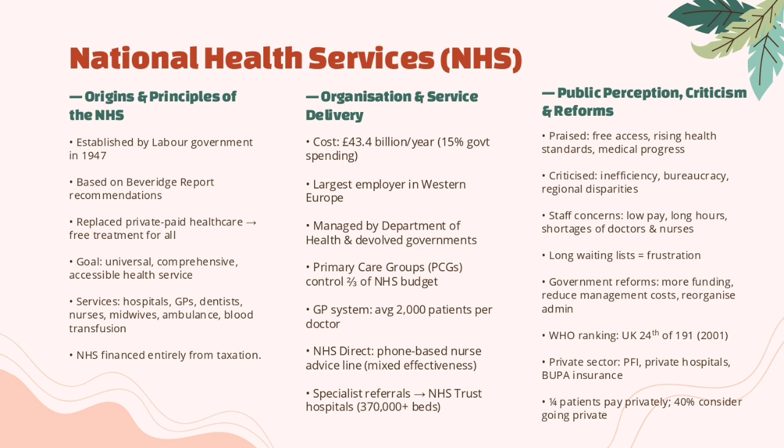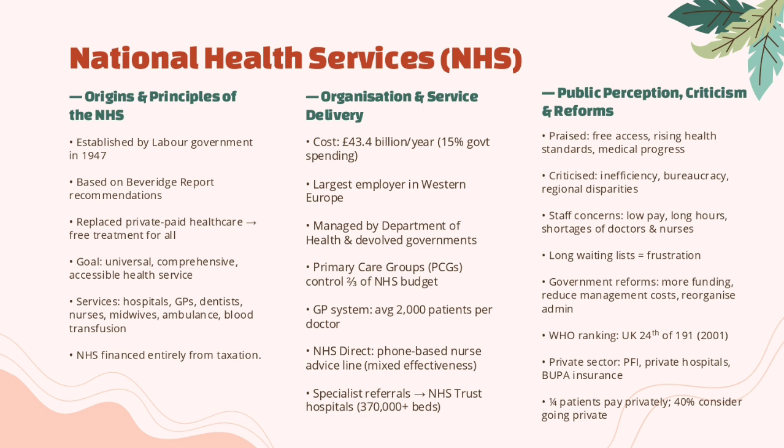Organization, service, and delivery. The National Health Service costs about 43.4 billion per year. It is 50% of government spending, is a large employer in Western Europe, and is managed by the Department of Health and devolved governments. Primary care groups control about two-thirds of the National Health Service budget.